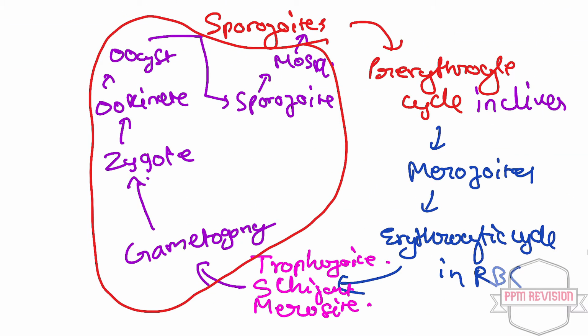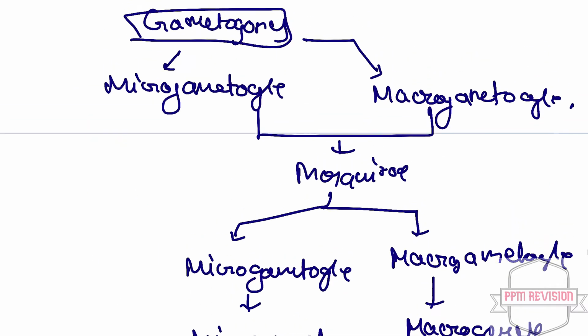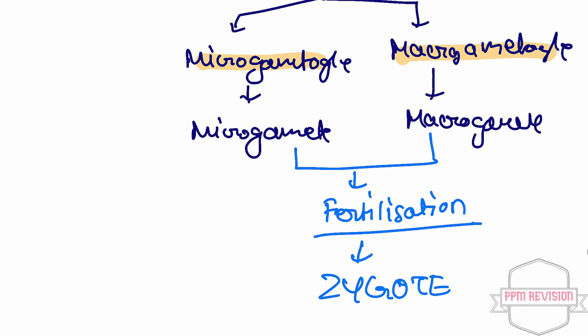So quickly summarizing the cycle, the sporozoites infect the man. Then we have the pre-erythrocytic cycle, and important to know is it takes place in the liver. And then the sequence should be well known, that is merozoites, and then the erythrocytic cycle takes place in RBCs, then formation of trophozoite, schizont, and merozoite. Then there's a process of gametogony, that is formation of micro and macrogametocytes, which leads to microgamete and macrogamete, and then fertilization and zygote.